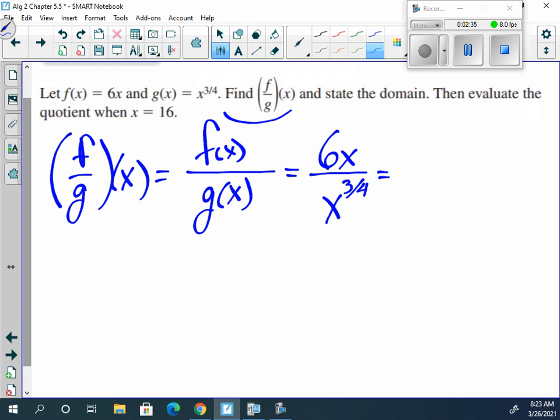Now, we do have variables on top and bottom that are the same. And whenever we have bases, we subtract the exponents. And the exponent on top always goes first, so we have 1 minus 3/4. Well, 1 minus 3/4 would be what?